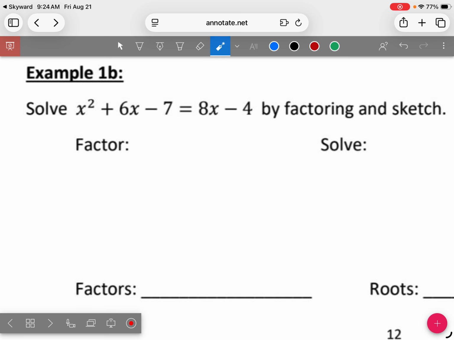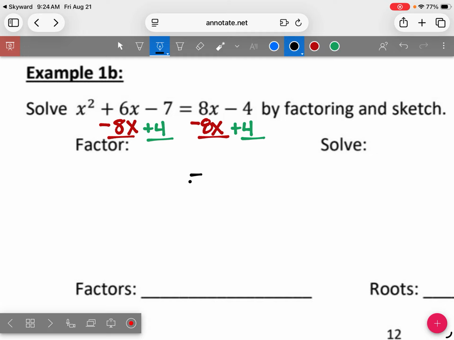to 0. So the first thing I need to do is subtract 8x. You can only subtract 8x from 6x. So I'm gonna subtract 8x. I also need to get rid of the -4. I'm going to do that by adding 4 to the -7.